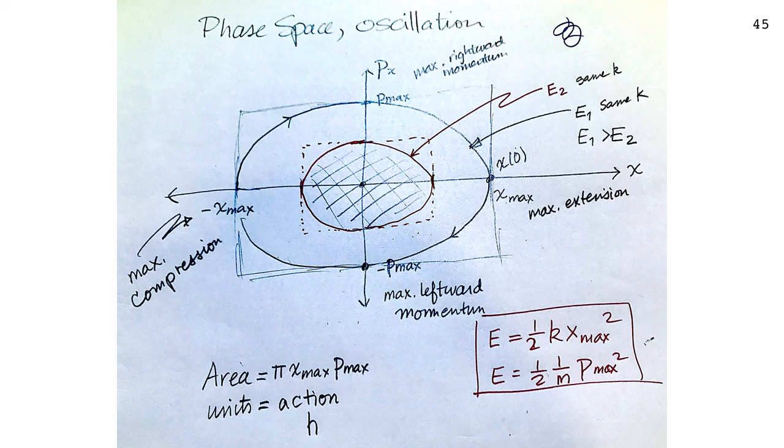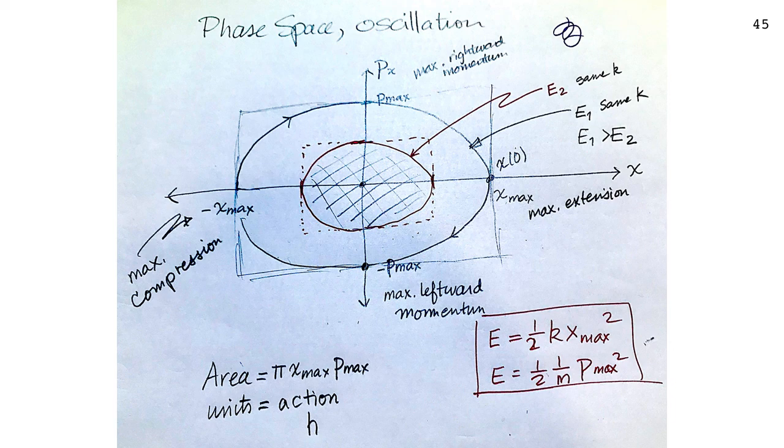Then it goes to maximum compression here. So this is max compression, and so maximum force here, acceleration is greatest. And then it starts getting positive momentum, getting rightward.